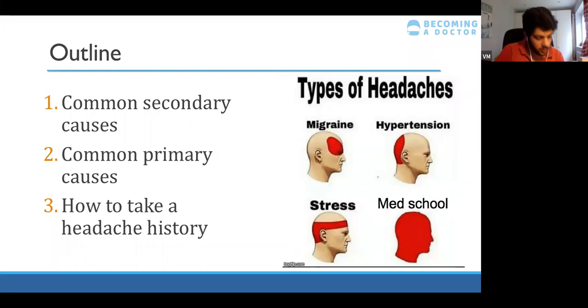When you do come across a patient who has a headache, you can rely on the classic Socrates mnemonic very well. But if you have these extra questions at the back of your head, this makes sure that you're including or excluding important differential diagnoses that you don't want to miss out on.